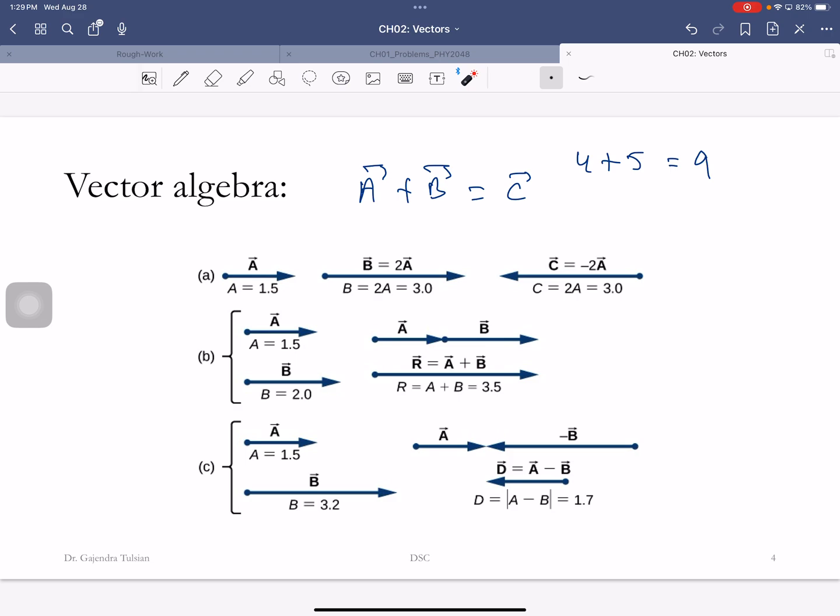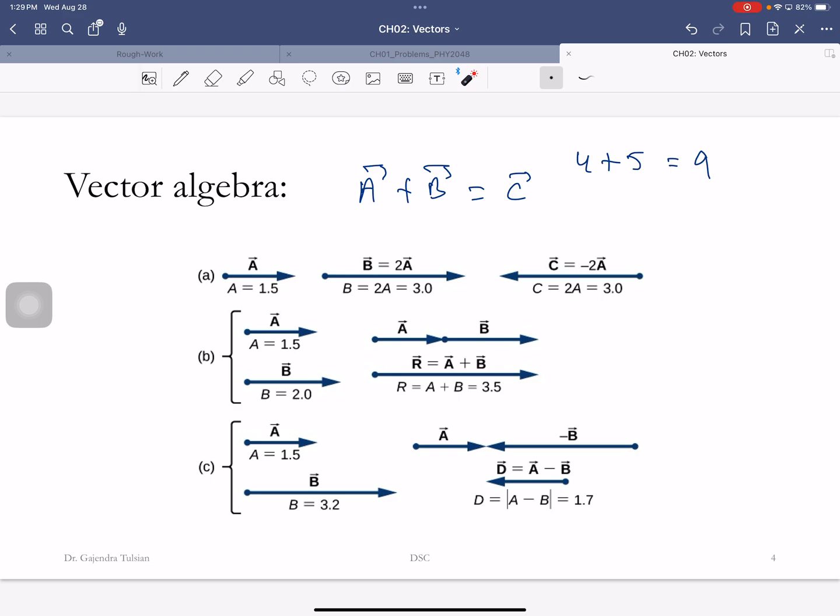It can be anything. It can vary from minus 1 unit to 9 units long. So the length of that, okay?